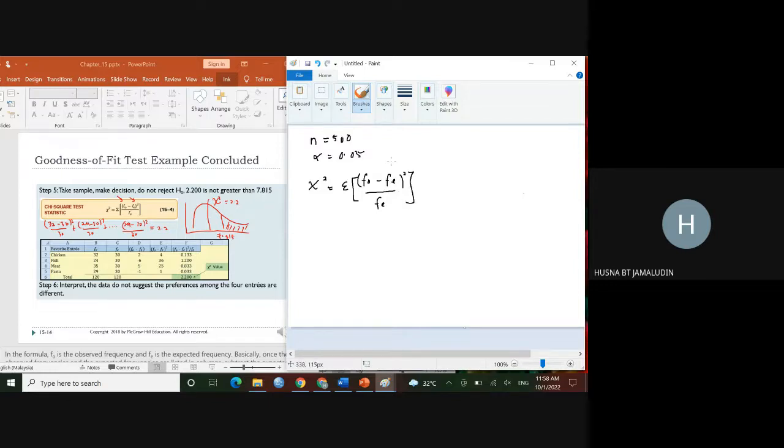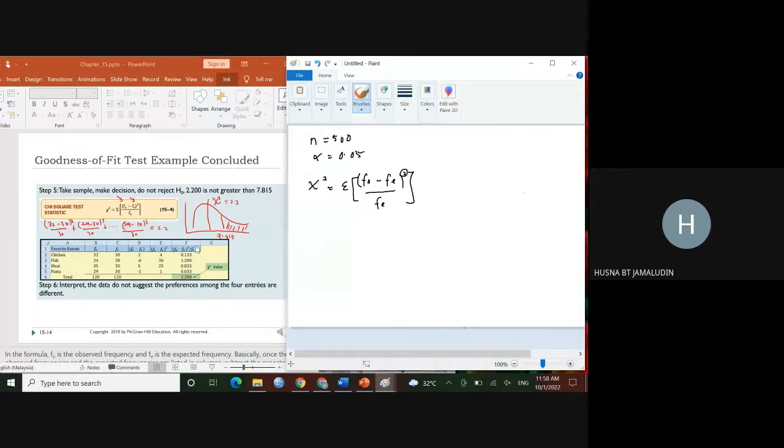So you have to solve the top one and then the bottom. This squared belongs to the top one. Don't square everything, because I've seen my students square everything. They put observed minus expected, and then divide by expected, and then square. No, the square is only applicable to the top one. So this is the formula.